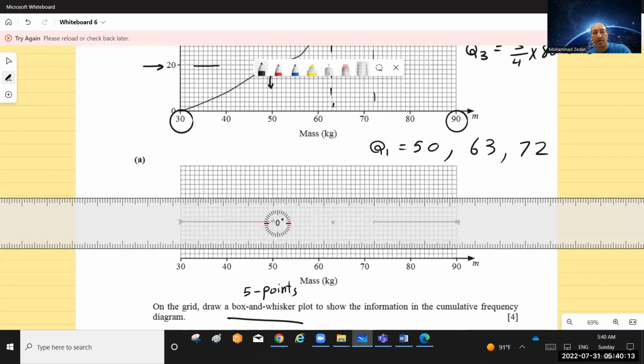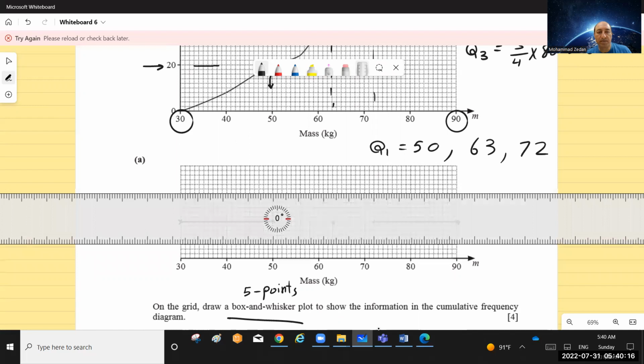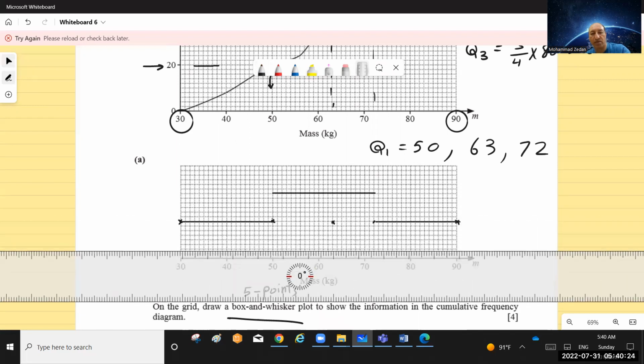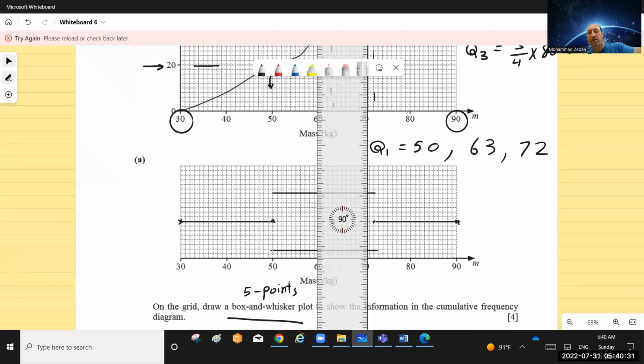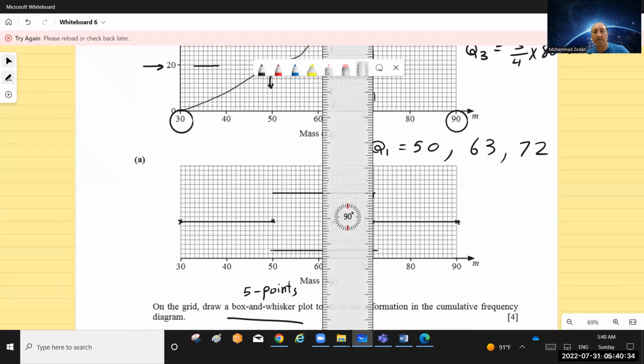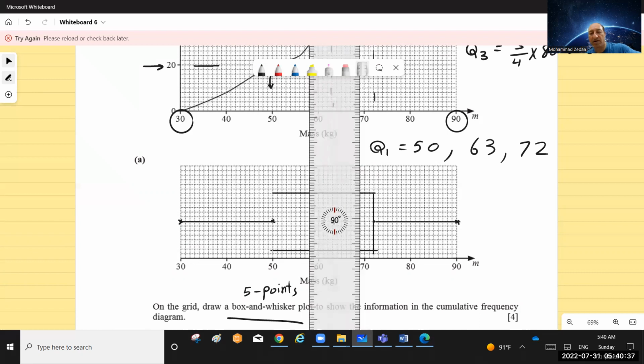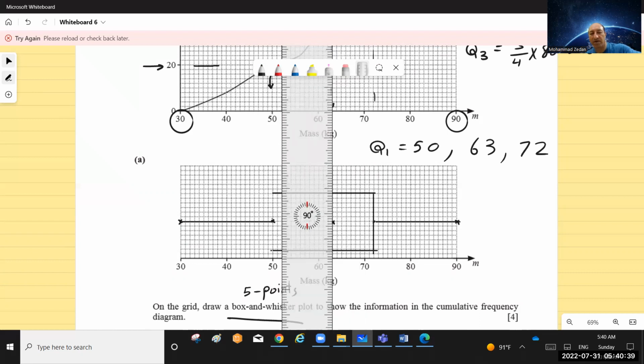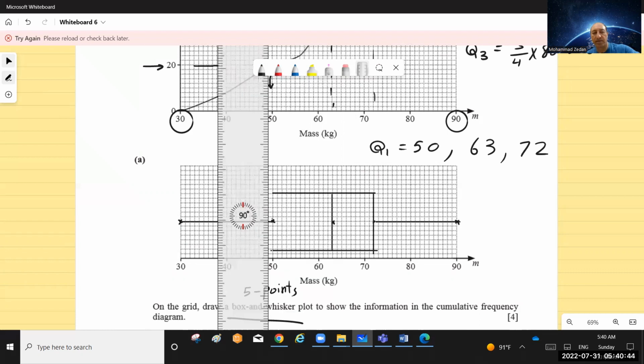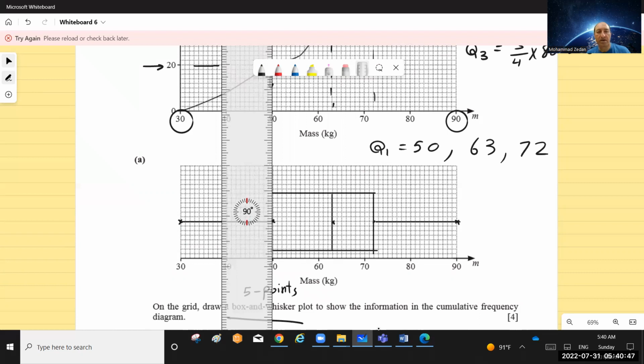Simply draw a line here from this point. I leave this part for you to draw. This is the box, and after that, draw the perpendicular to complete the box here. You just select any suitable height to represent the data in the box. That's it. This is the box and whisker plot.